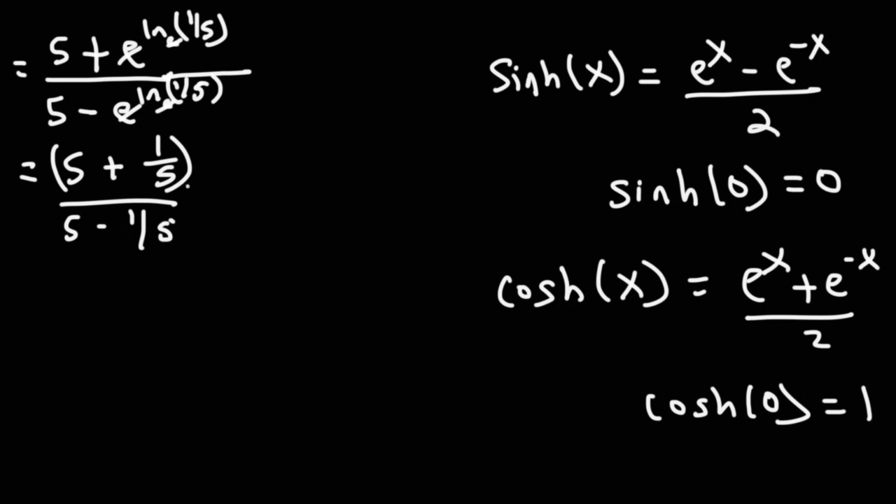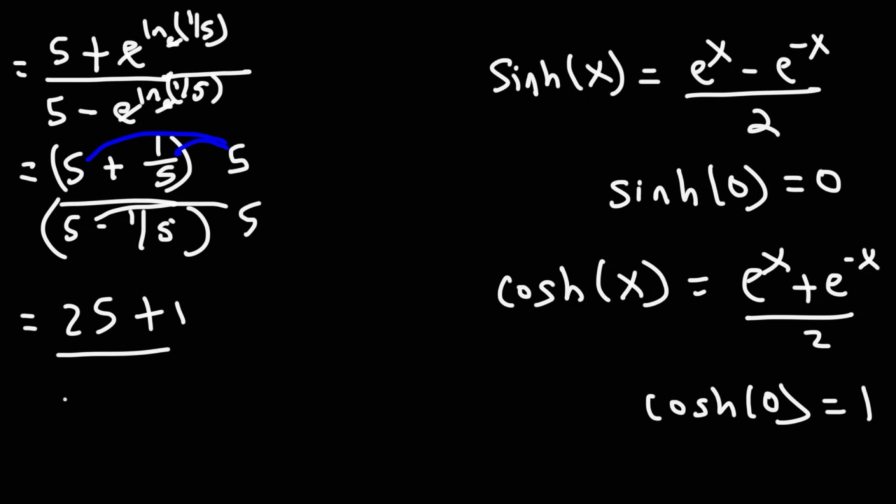So I'm going to multiply the top and the bottom fraction by 5. So we have 5 times 5 is 25, and then 5 times 1 over 5, that's just going to be 1.